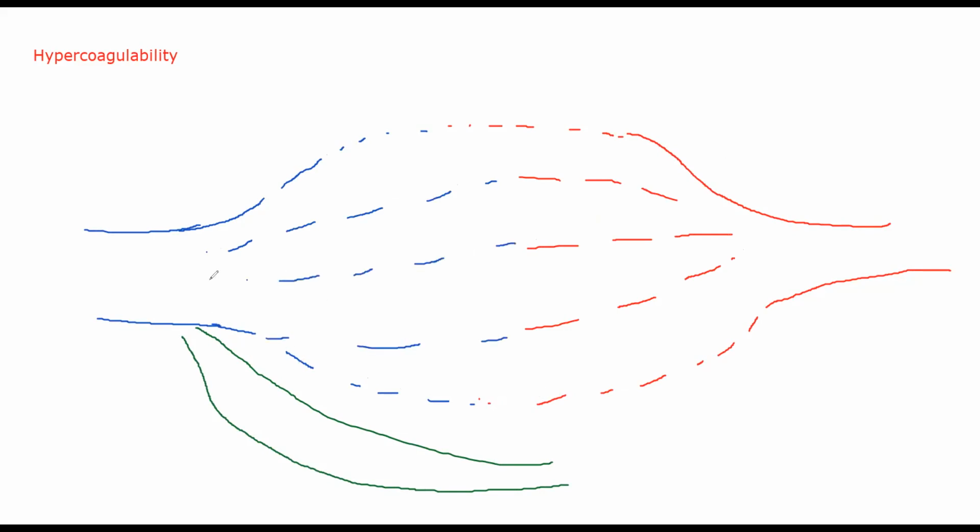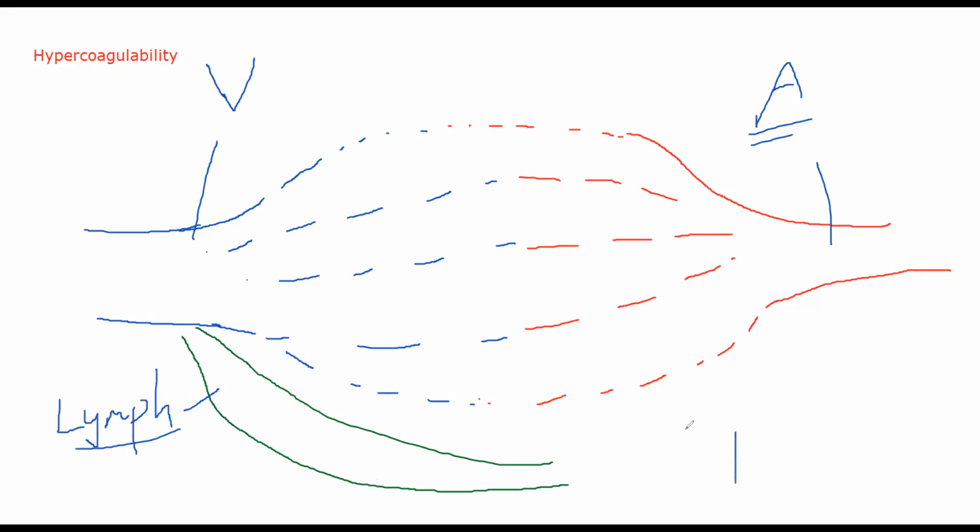Let's suppose this is a blood capillary, and you have on one end the arteriolar end, and you have the venular end. Okay, arteriole and venule, and this is the lymph capillary that is present in your interstitial space, or this is the part of your tissue. Okay, this is the tissue space.